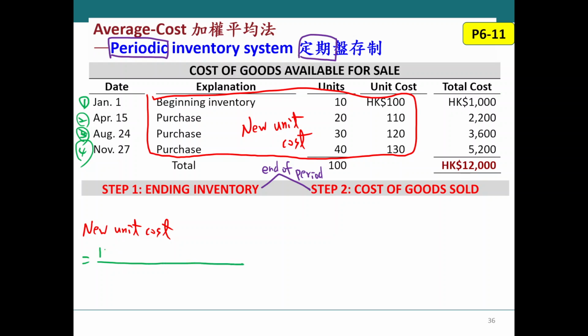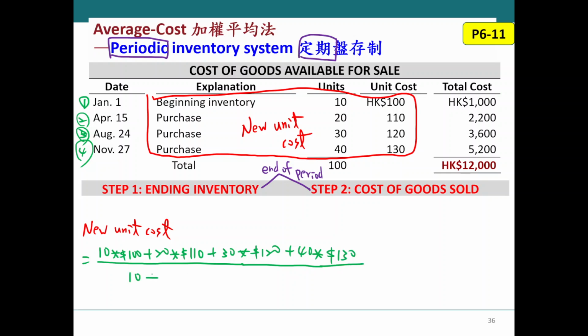So our first inventory 10 units, unit cost $100. Our second inventory 20 units, unit cost $110. Our third inventory 30 units, unit cost $120. Our last inventory 40 units, unit cost $130.